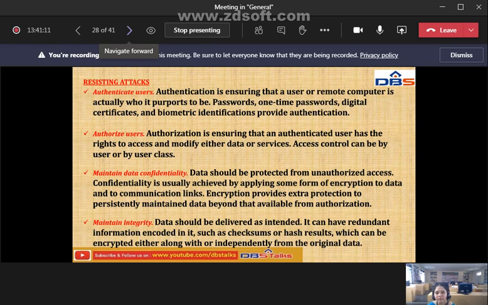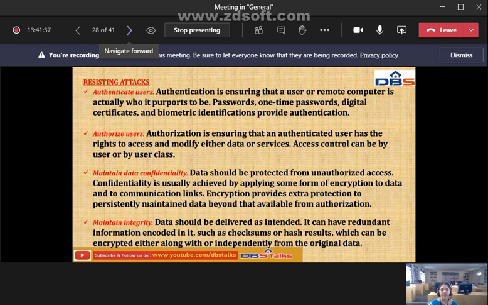Next, maintain data confidentiality. In generally we already know the information security concepts. The sender sends some information to the receiver. While sending confidential matters from the sender to the receiver, we maintain confidentiality in the form of encryption.